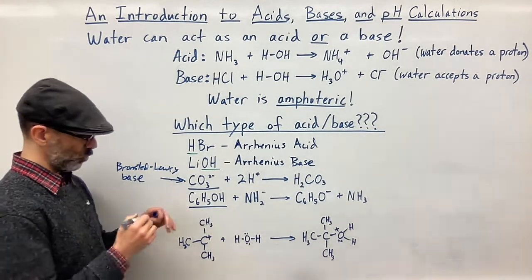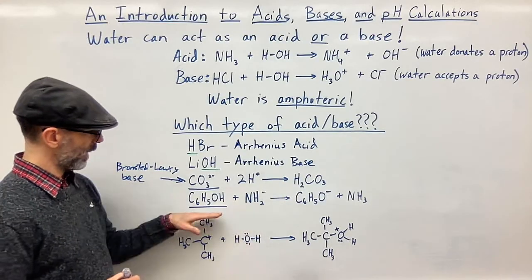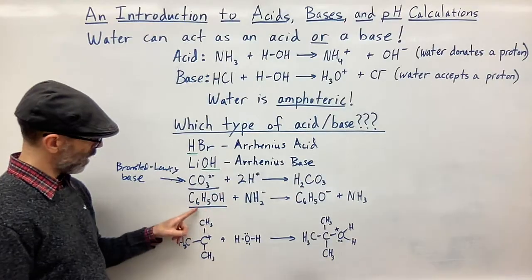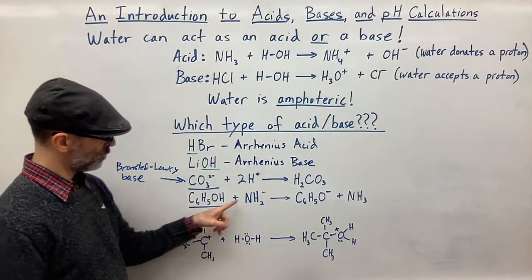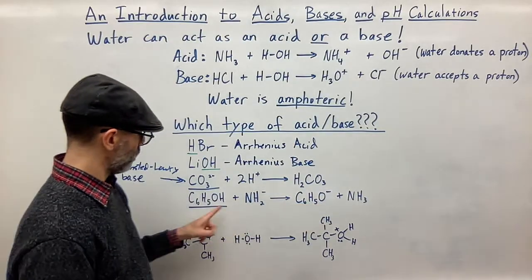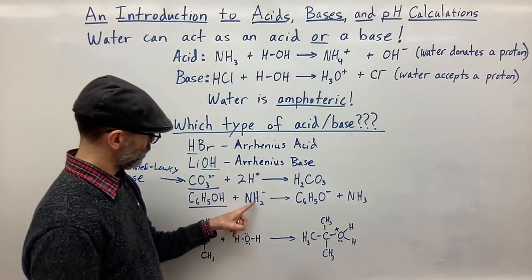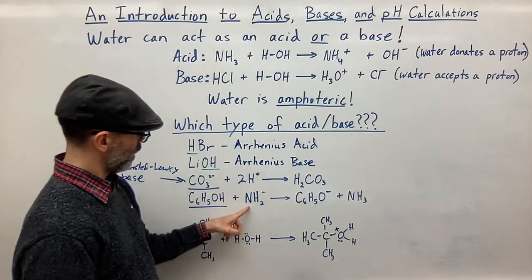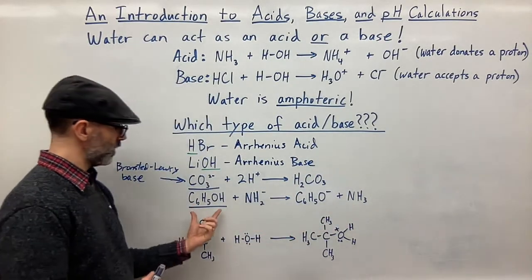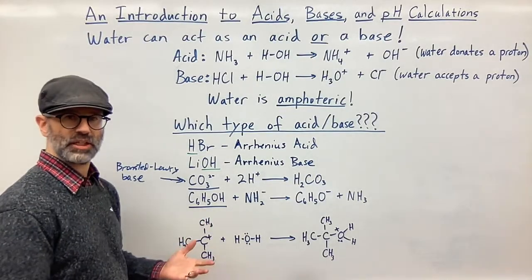And here, if you look at the equation, you'll see that what's happening here is that this molecule is giving off this hydrogen. And so notice that it doesn't have the hydrogen there anymore. And notice that this NH2 minus now becomes NH3, so it picked up the hydrogen. So this is donating the hydrogen.